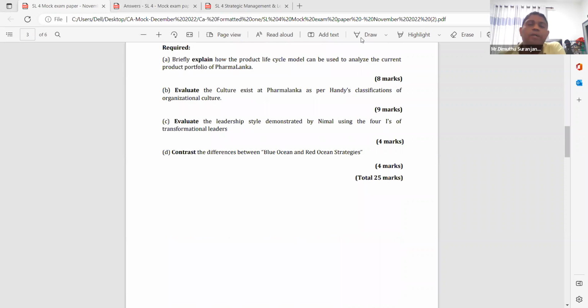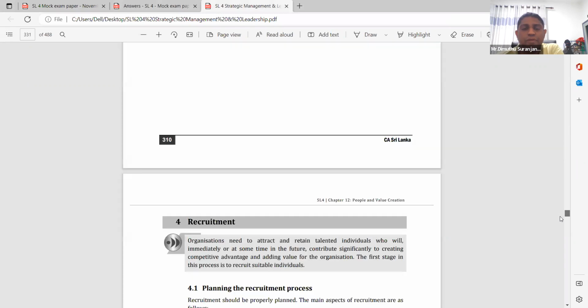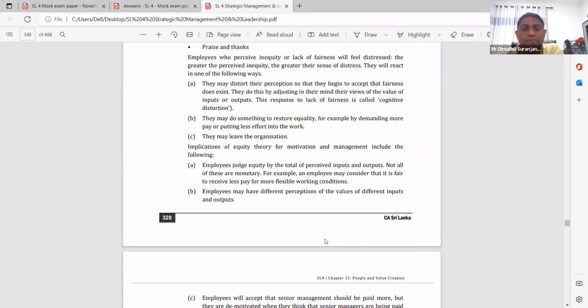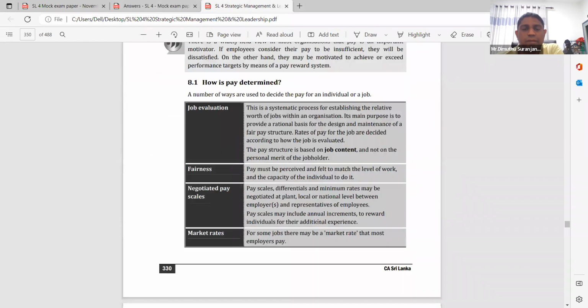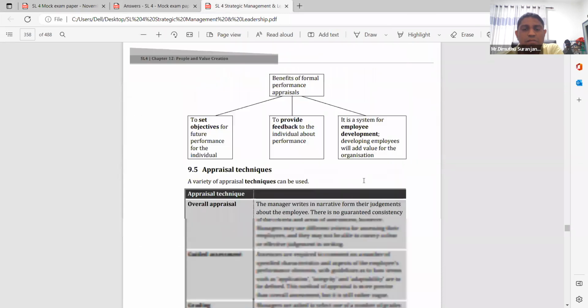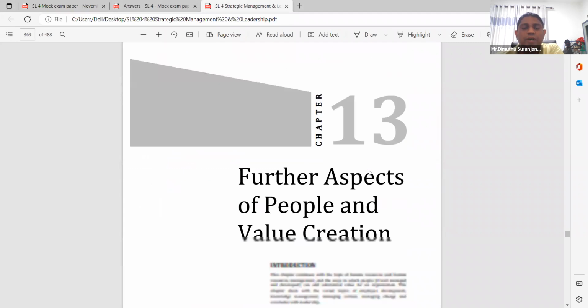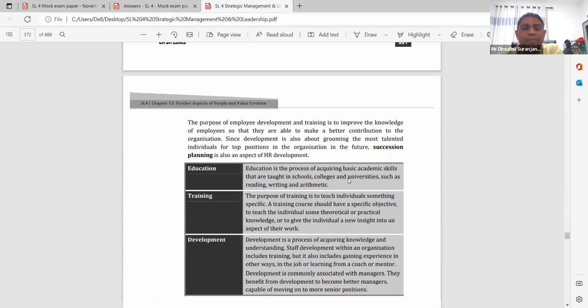Part B. Evaluate the culture existing at Pharma Lanka as per Handy's classification of organizational culture. So Handy. Do you remember Handy? That was in HR, no? People and value creation. How many cultures has Handy identified?